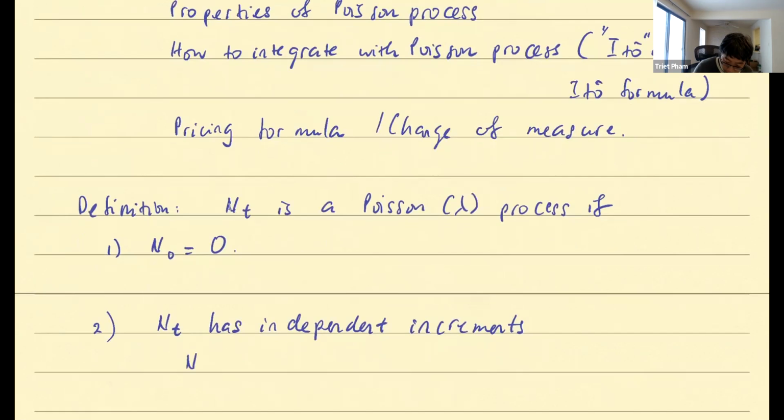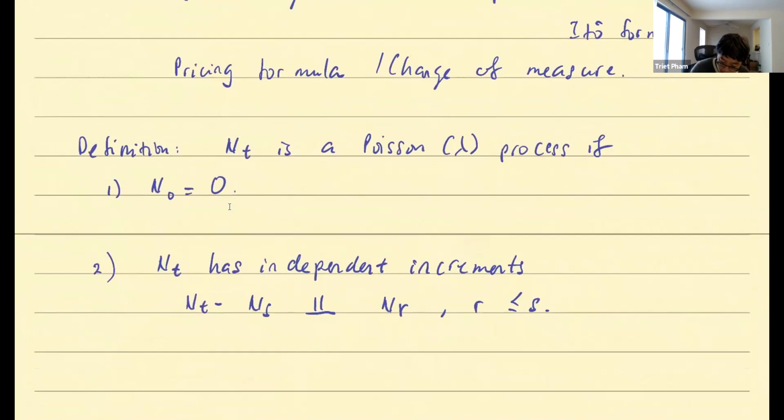So in other words, N_t minus N_s is independent of anything below s. If you're familiar with Brownian motion, you will be familiar with this. It's exactly the same thing where we say that the future increment is independent of the past up to the present. So we can capture this by saying, this is the filtration at time s. The whole future increment is independent of the filtration up to this current moment.